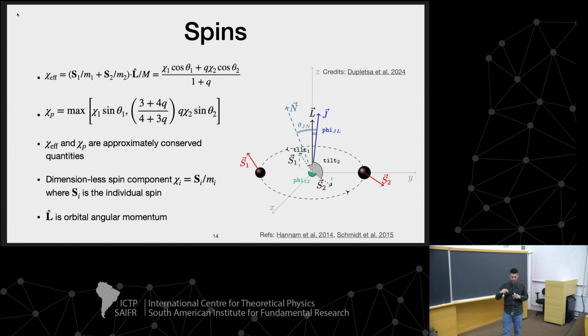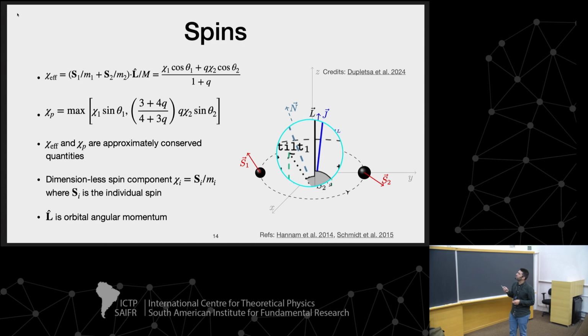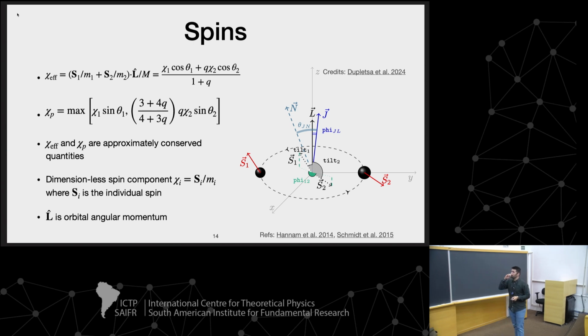So basically, chi-f takes into account the distribution of spins along the angular momentum of the binary. You can see, for example, this is the angular momentum of the binary, and chi-f is a combination of the projection of the z component of the spins along the angular momentum axis.